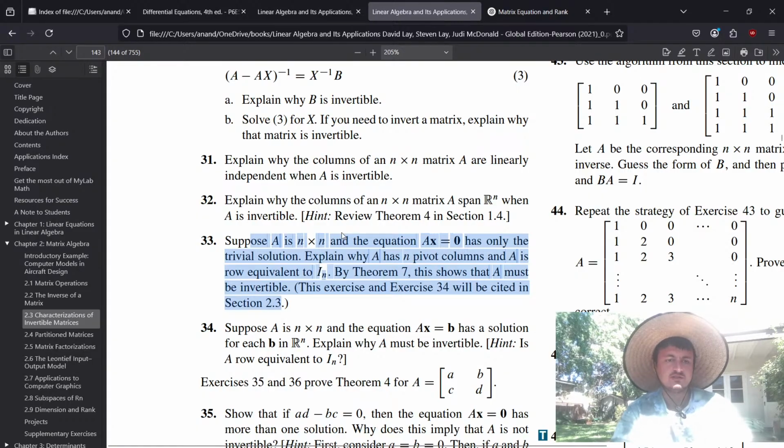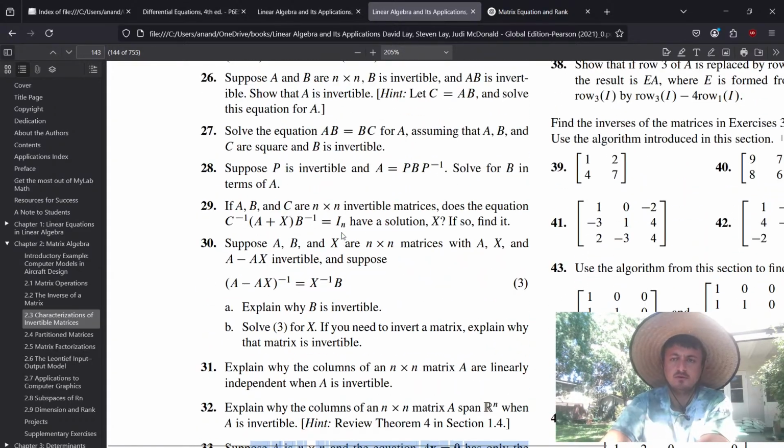Okay, wait, let's go through the theorems of 2.2 again. What are the theorems of 2.2?